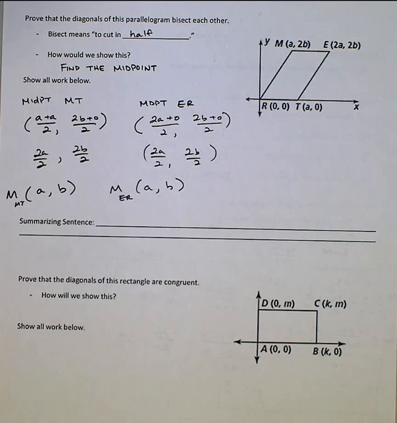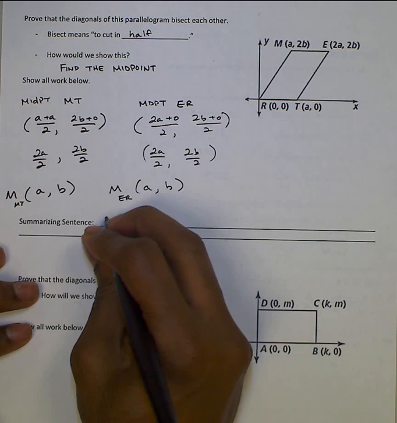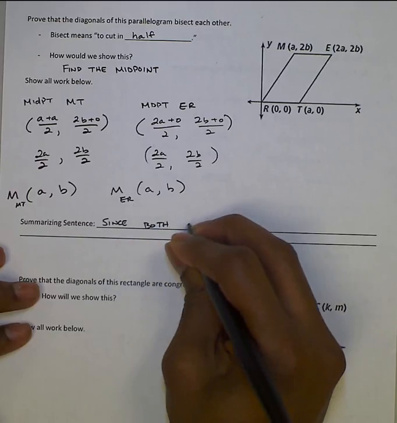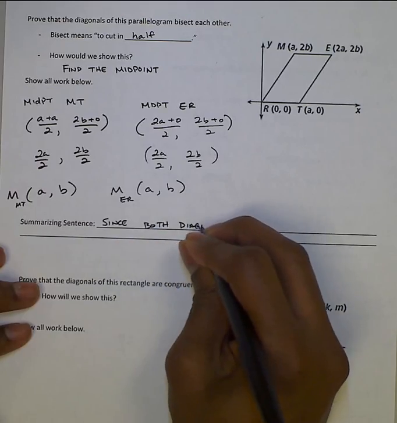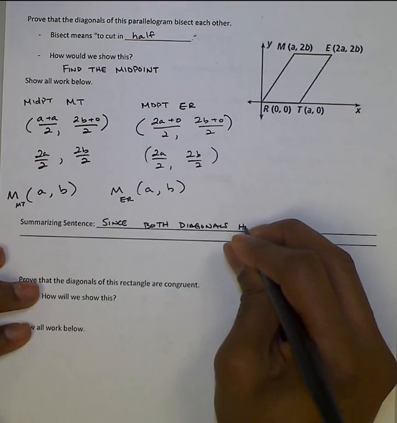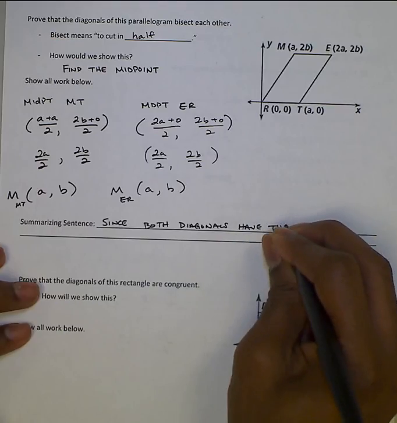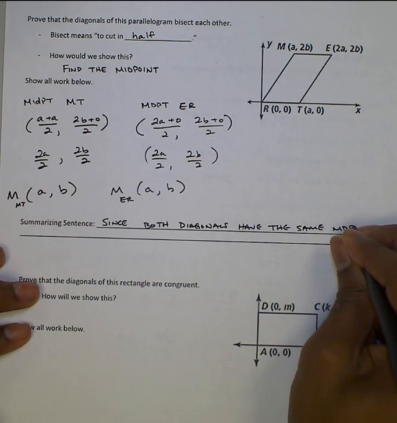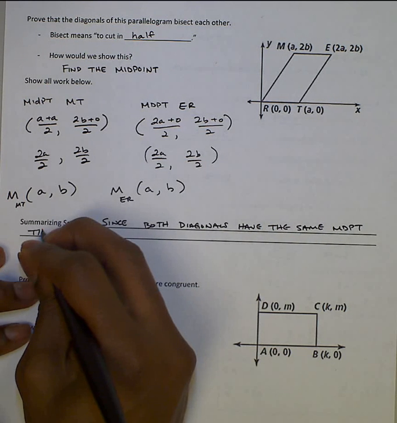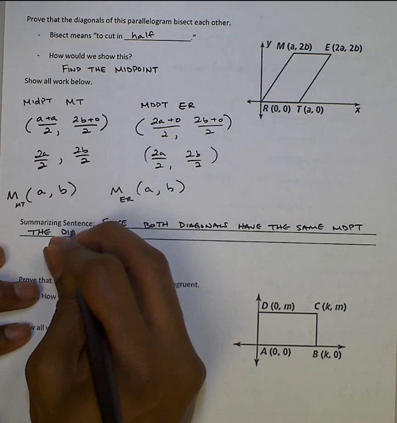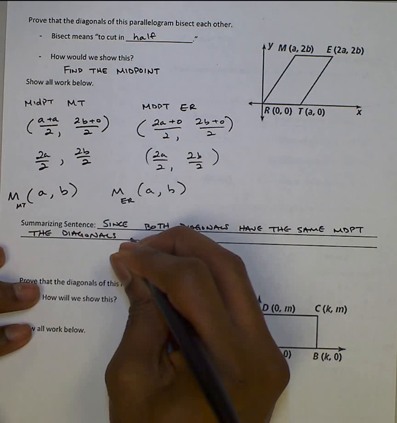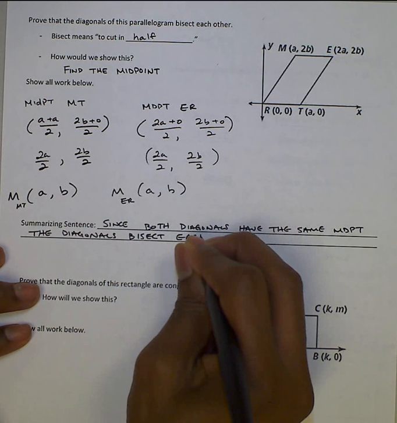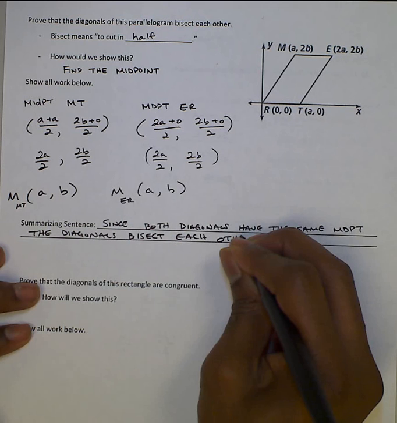So my summarizing sentence: since both diagonals have the same midpoint, the diagonals bisect each other.